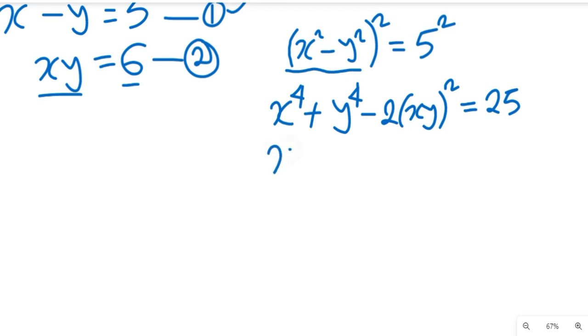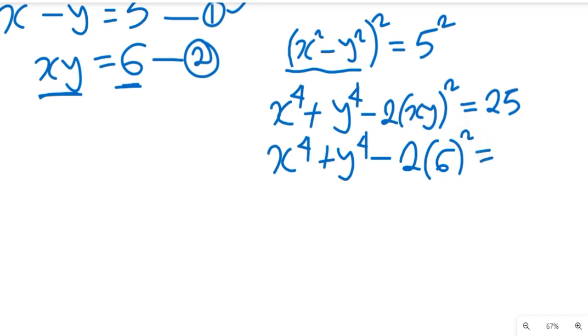So this will give us x to the power of 4 plus y to the power of 4 minus, remember our xy is equal to 6, so we should have minus 2 multiplied by 6 all squared equal to 25.